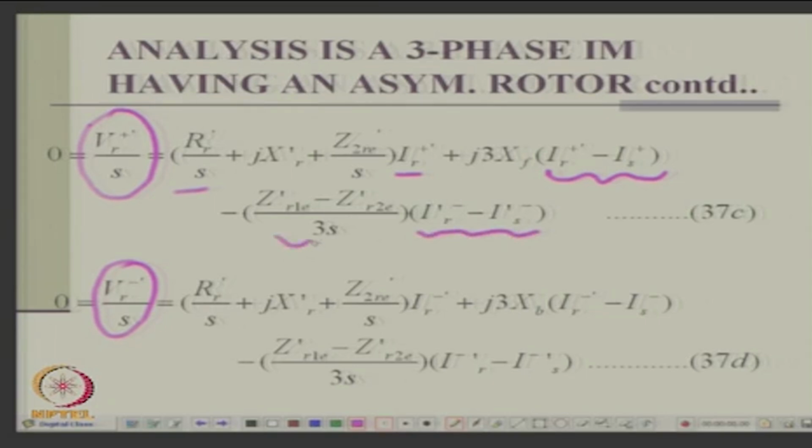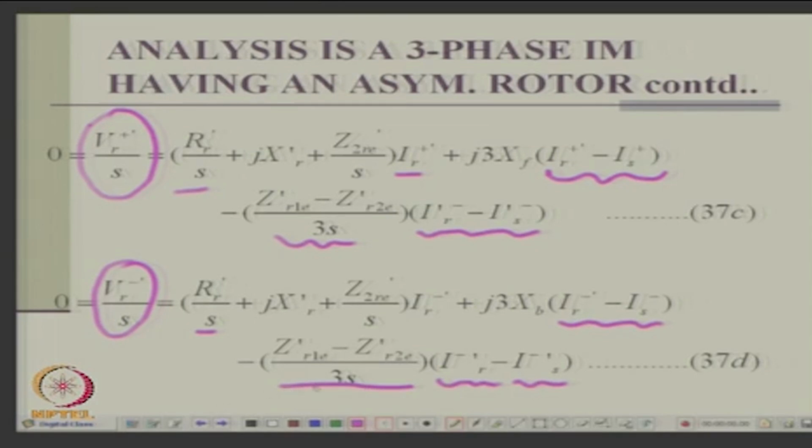So, this is the coupling impedance. Similarly, there is a VR minus dash, that will be between IR minus and IS minus, and then there will be another between IR minus and IS minus, like that. So, there is a coupling impedance here.